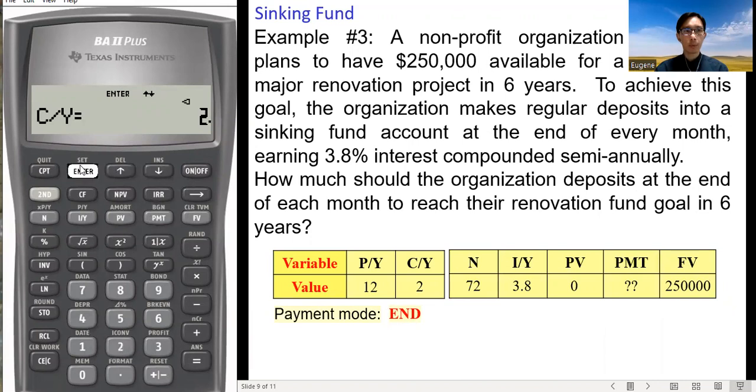CY is 2. And then N 72. 3.8 for IY. PV is 0. FV 250,000.